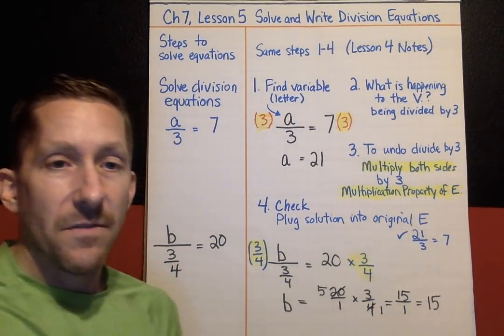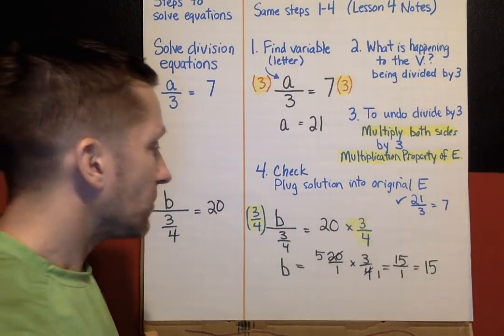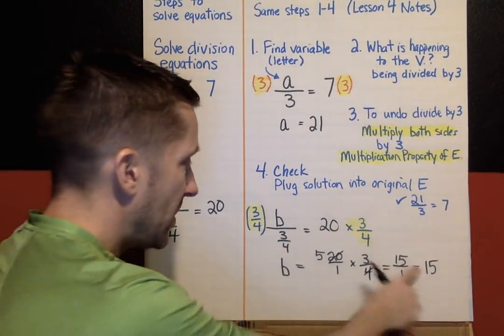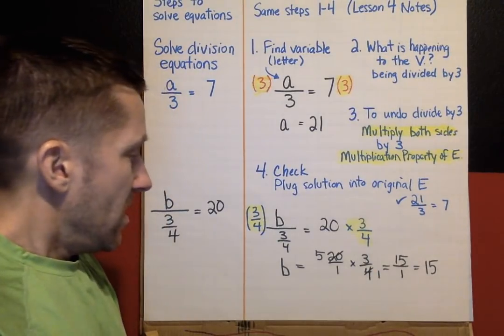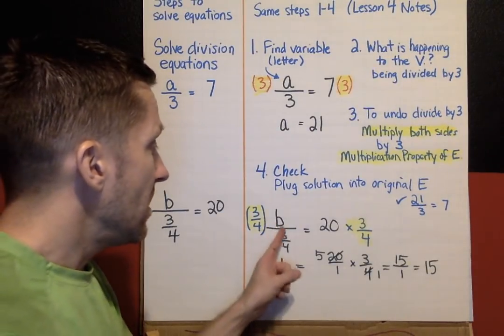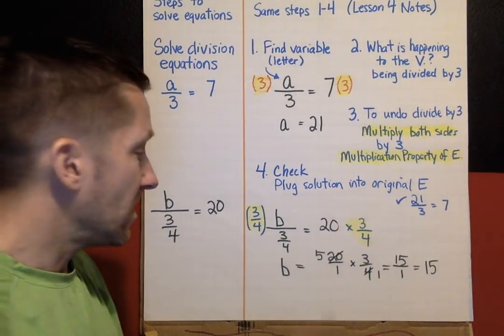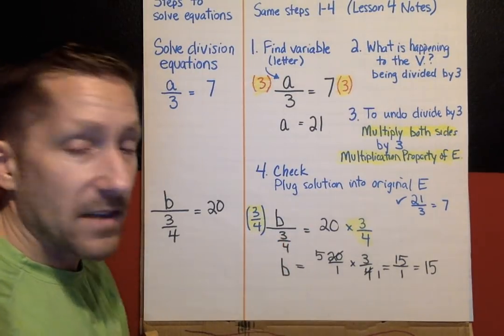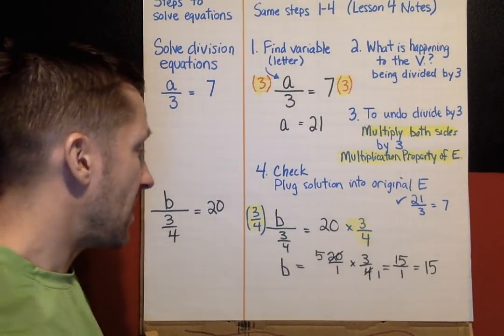B equals 15. So now how do I check that? Well, to check that, I put in 15 into the original equation. And to make this easier, and also so I could check it with a calculator, I could change this to 0.75. Okay, if you don't recognize that as 0.75, you could do 3 divided by 4 and get 0.75.